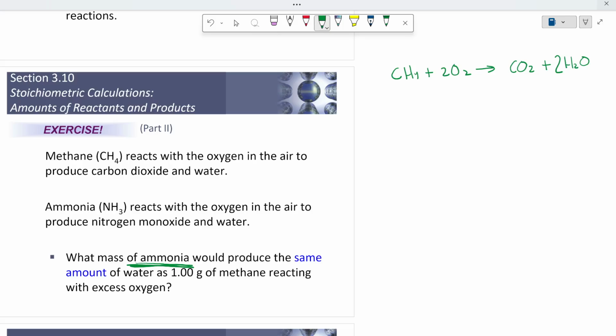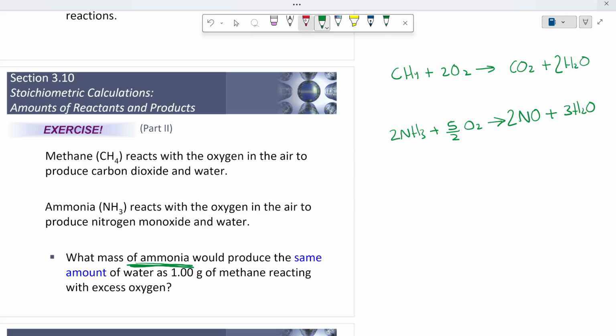The second equation is ammonia. It was 2NH3 plus 5 over 2 O2. The products are 2NO and 3H2O. What mass of ammonia?